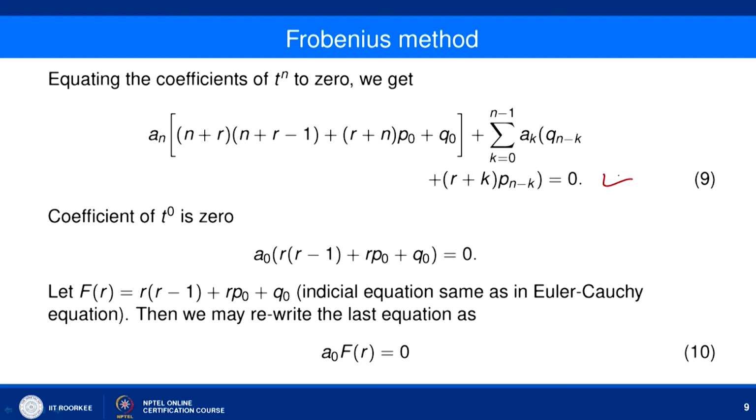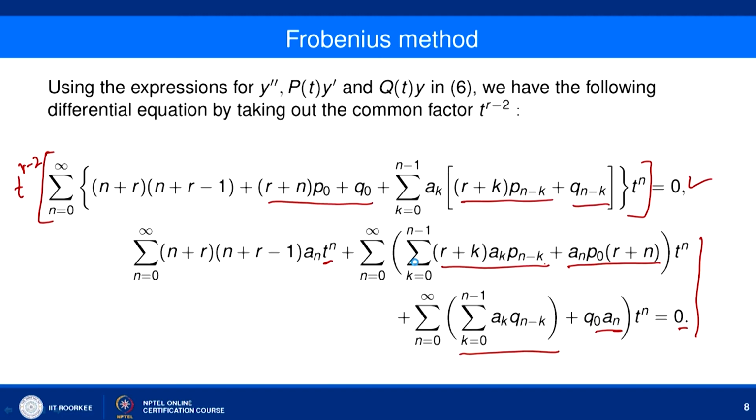Now we start from the coefficient of t to the power 0, coefficient of t to the power 1, and so on. So the coefficient of t to the power 0 is going to be a naught into r into r minus 1 plus r p naught plus q naught, that we can look at here in this way. Here, if you put n equal to 0, then you will get r into r minus 1, plus p naught r plus q naught.